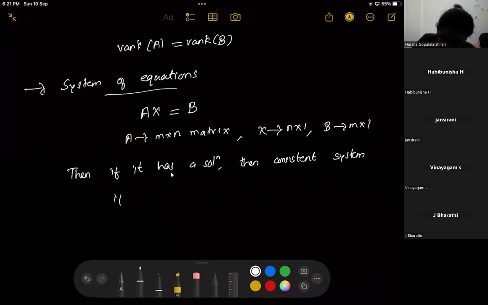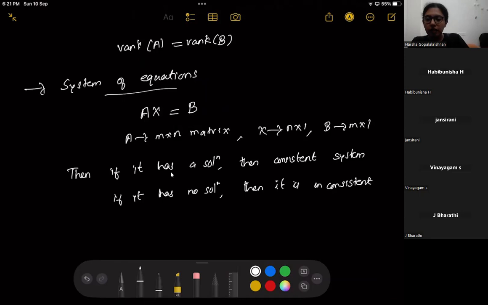And if it has no solution, then it is inconsistent. Now we will see in which cases it will have a solution and in which cases it will not have a solution.